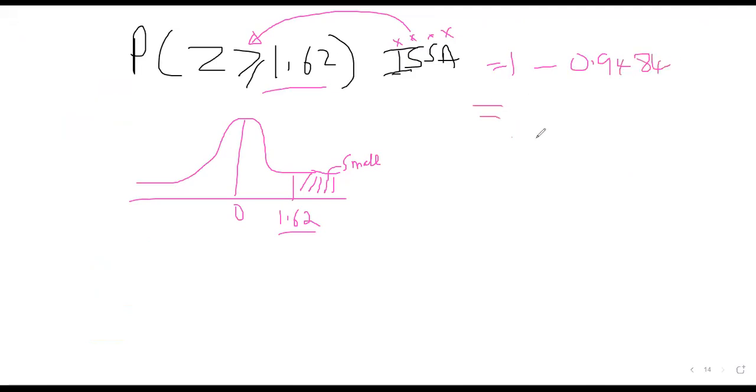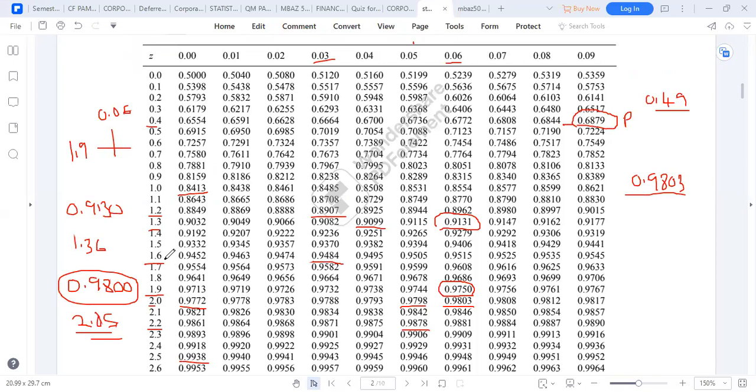So we subtract. Isn't it 94.74? 1.6 what? 62, yes, 1.62, 94.74, thanks. So 94.74.